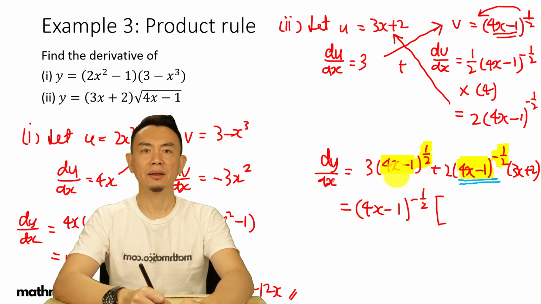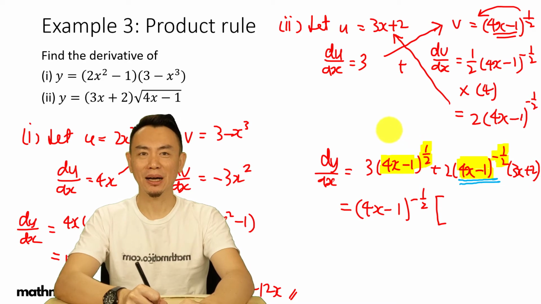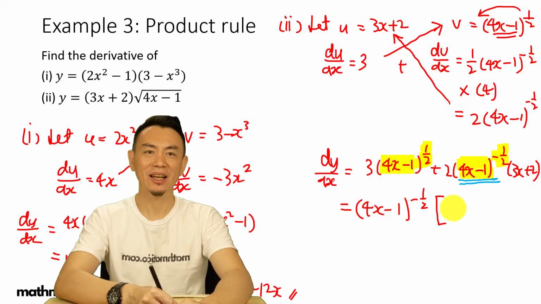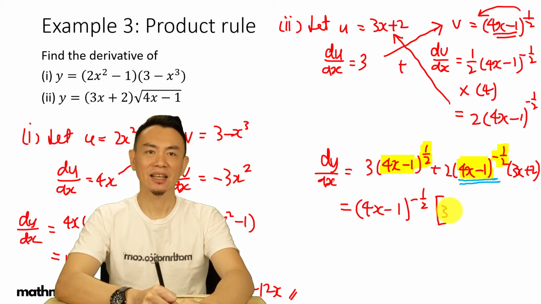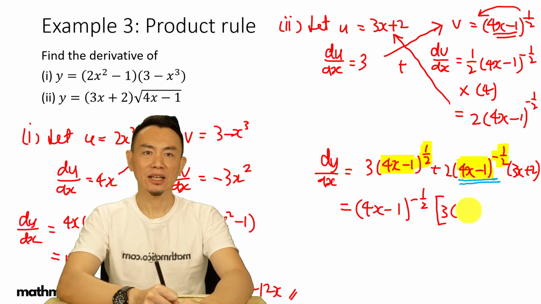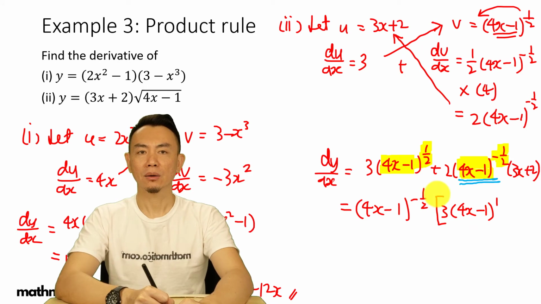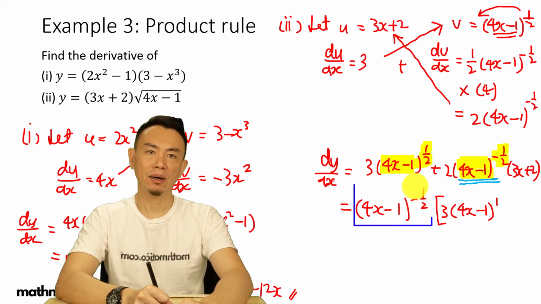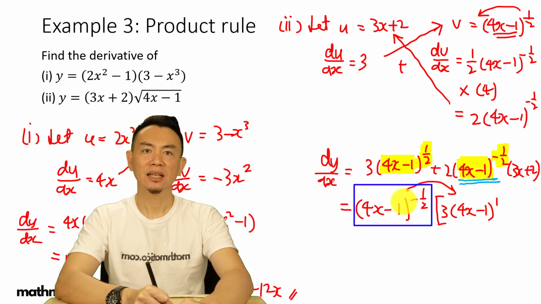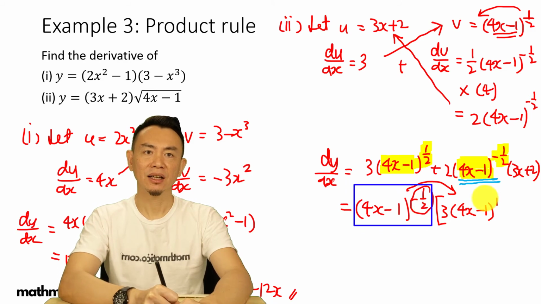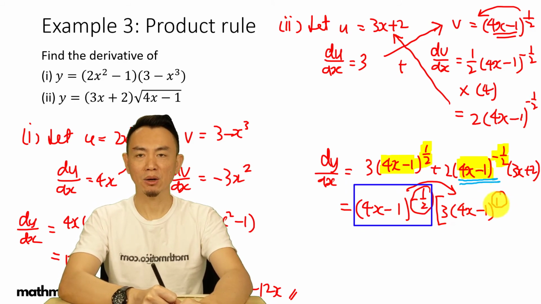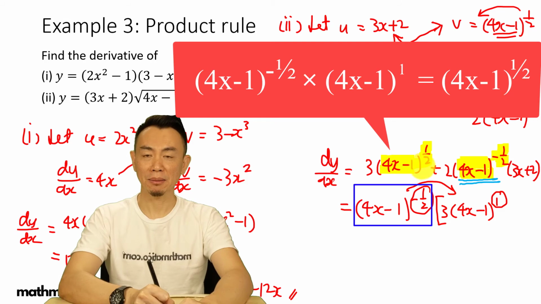So here's the tricky part. Now, if you have 4x minus 1 to the power of half and you factor out power negative half, what are you left behind inside the bracket? It would be actually 4x minus 1 to the power of 1. Why is that so? Because if you multiply it back in, this power negative half multiplied, same base to power 1, the powers will add up and then you get back half, right?